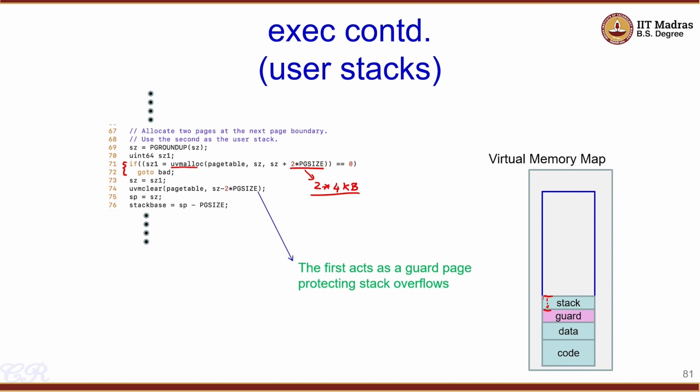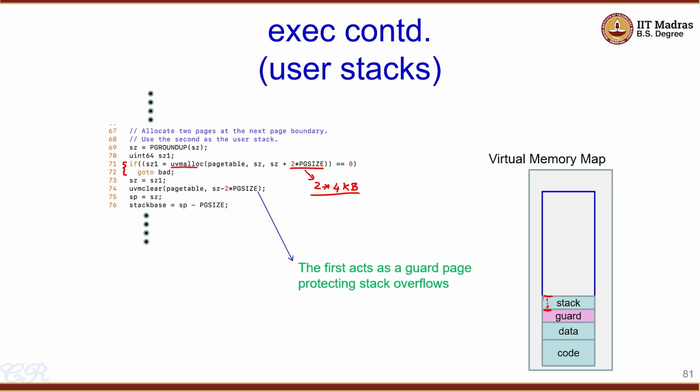The second page is used as the guard page. So this guard page ensures that the stack doesn't overflow beyond the 4 kilobytes. The way we create this guard page is to remove the mapping for this particular page.